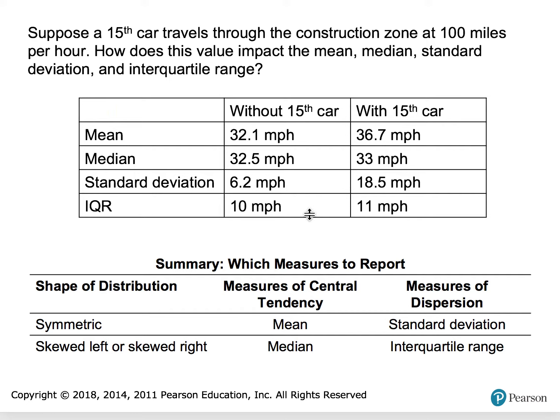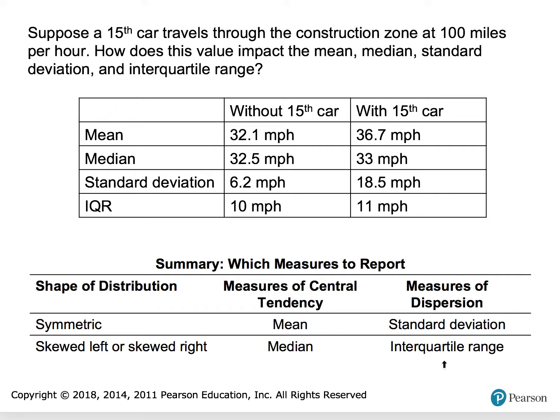So, which measures do we report? Depending on the shape of the distribution, if it's symmetric, use the mean and the standard deviation. But if it's skewed right or left, those are the data sets that are going to pull our mean and affect our standard deviation, so use the median and the interquartile range.